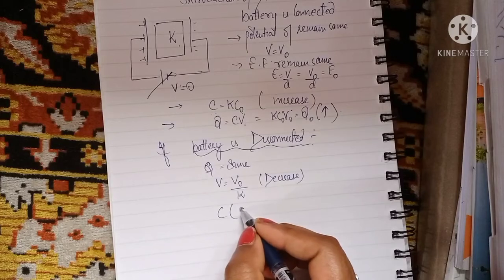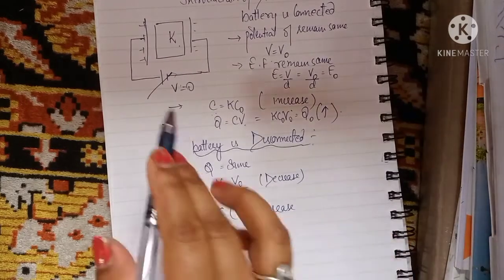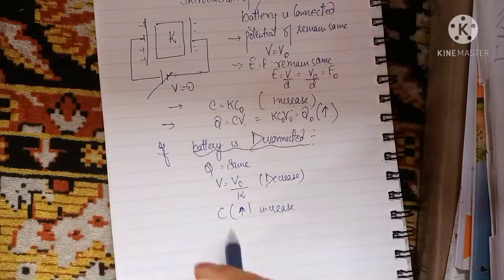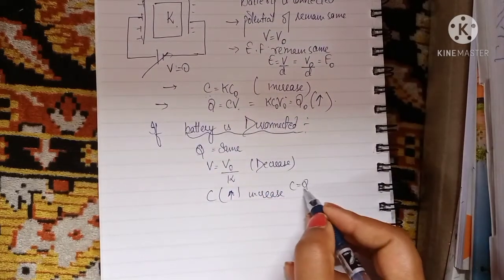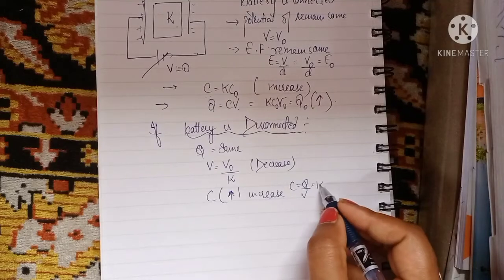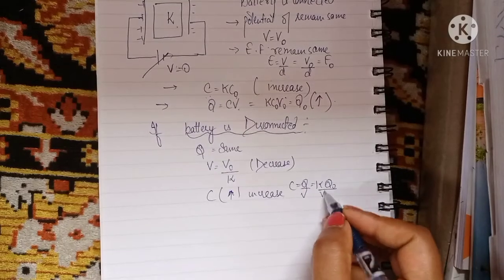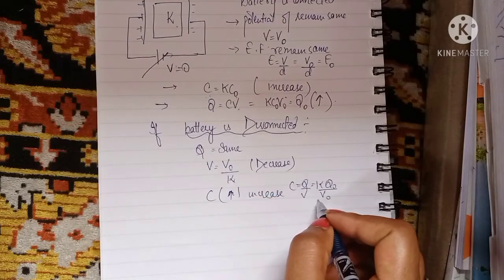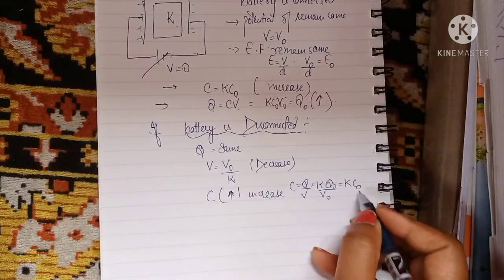Capacitance is going to increase here also. Whether the voltage is applied or not, capacitance is going to increase. Why? Because C is equal to Q upon V, and this is K times Q naught over V naught. So that comes out to be K times Q upon V, which is K times C naught.